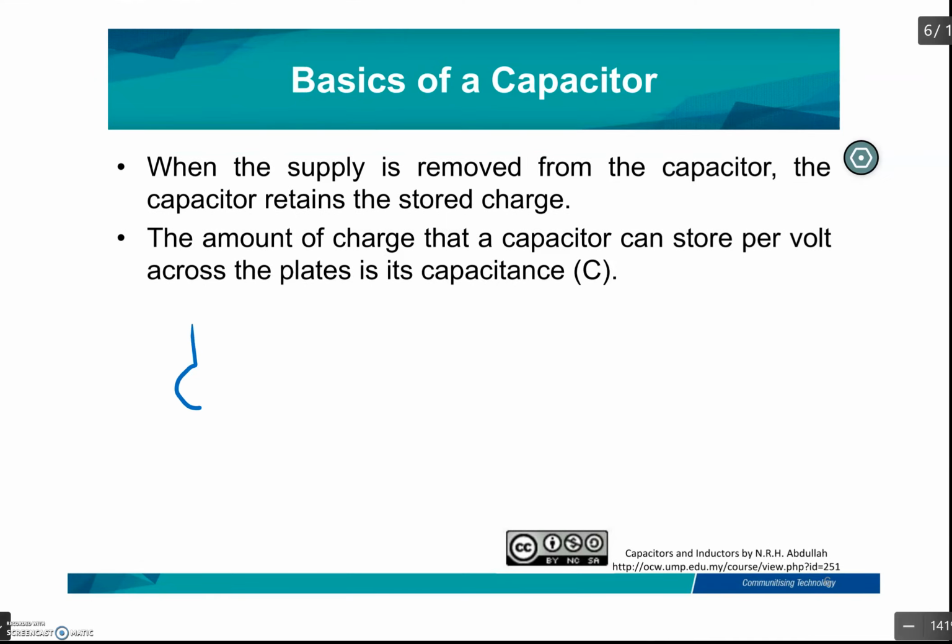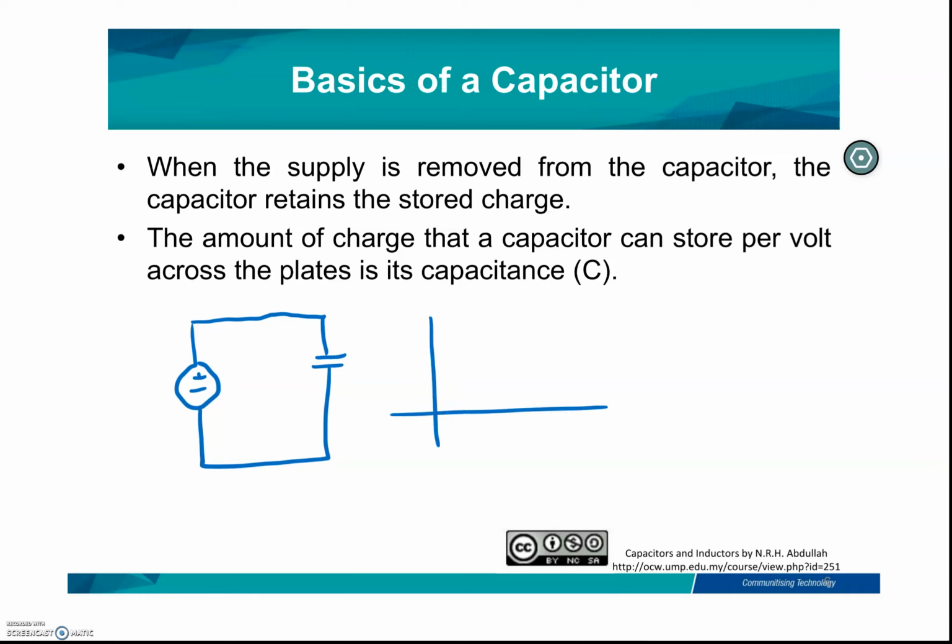For example, if the circuit consists of a voltage source connected with the capacitor, the charging diagram will be as follows: if the voltage is 10 volts, the capacitor will start charging until it is fully charged.